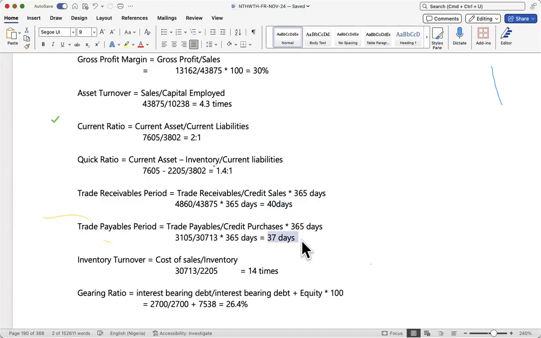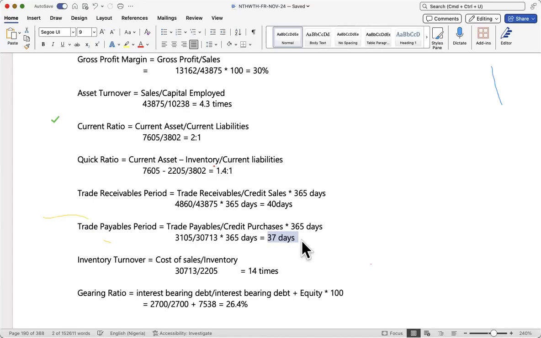Then you'll be able to explain to the examiner that, okay, it has reduced, which shows he's paying his suppliers early and will be able to get even more favorable credit terms in the future. If it's longer, you explain that this shows he has been paying early, and now the supplier is ready to give him an extended credit period.